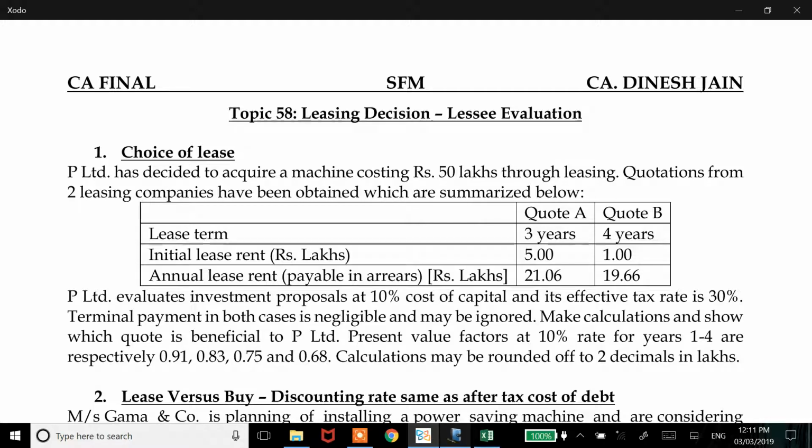Year 0, 5 lakhs is right. Year 1, what number you want to write? Like annual rent is 21.06. Okay. Out of that I have already made 5 lakhs. So remaining amount I am paying into 70%. No, I am paying into tax. 16.06 into 70%. Sorry.